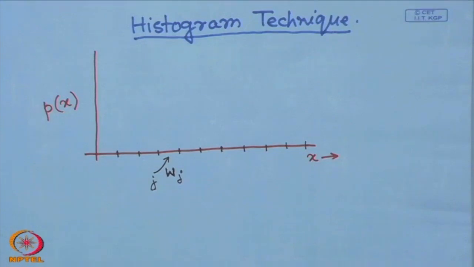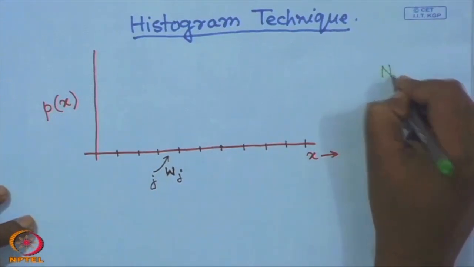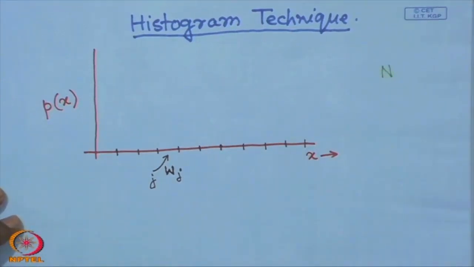So, what I need to do is check all the samples. Suppose I have a total of capital N samples. Out of these capital N samples, I have to find out how many actually fall within this jth interval.